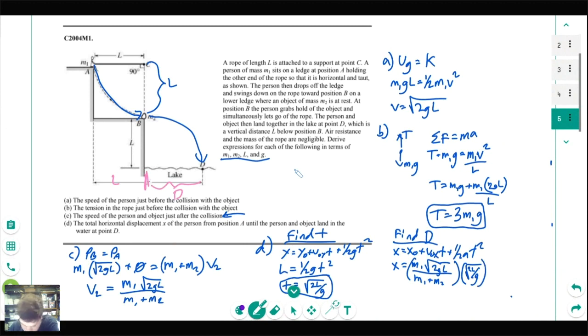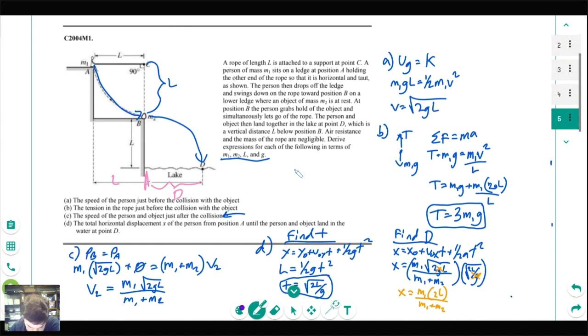Okay, so we're going to cross off some things here. The square root of G and the square root of G can cancel. And the square root of 2L times the square root of 2L is 2L. So x is M1 times 2L over M1 plus M2.